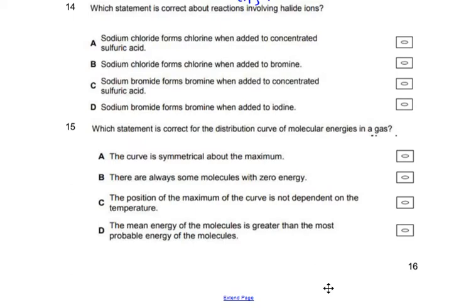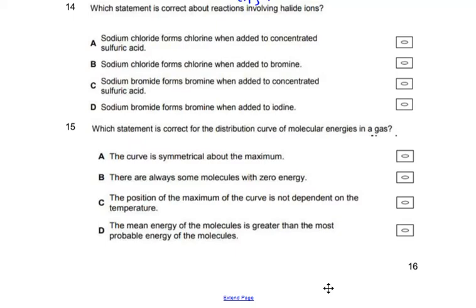D, sodium bromide doesn't react with iodine. Again, the iodine is too weak an oxidizing agent. It's bigger, the electrons are more shielded, so it can't take an electron from the bromide ions.